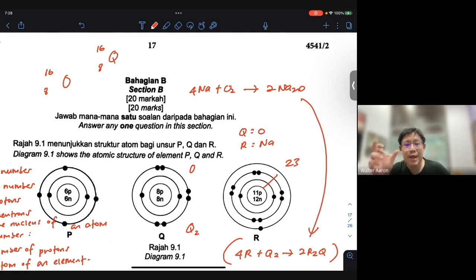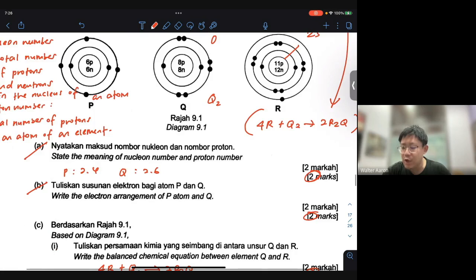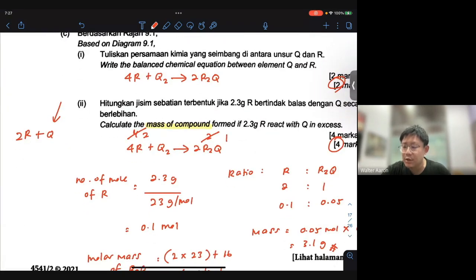So when they form a diatomic molecule, in your chemical equation you must write down the state or the formula of the substance in its natural state. Natural state means, in the natural environment, how does it appear?